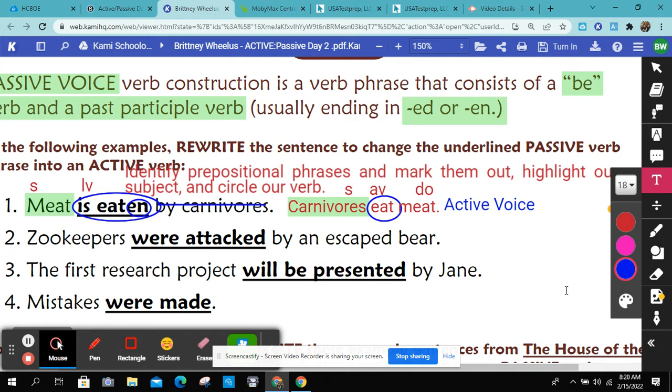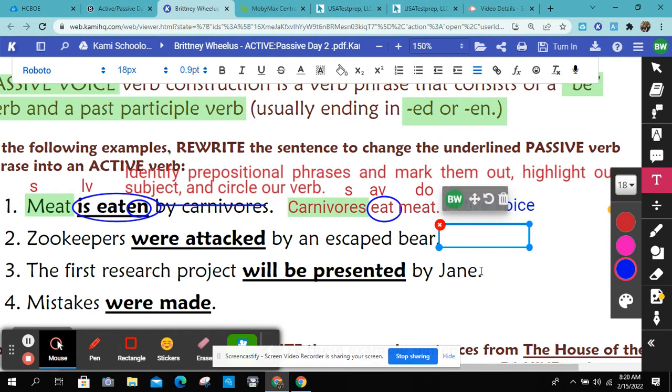By an escaped bear is a prepositional phrase. We have got to turn the action of this sentence around to the bear. What did the bear do? So, how could I rewrite this sentence to make the action be on the bear? The bear escaped the zoo.